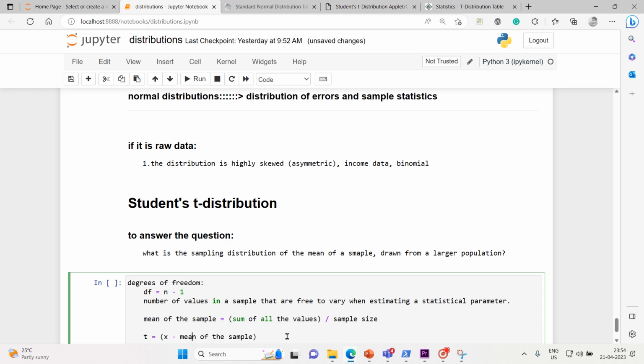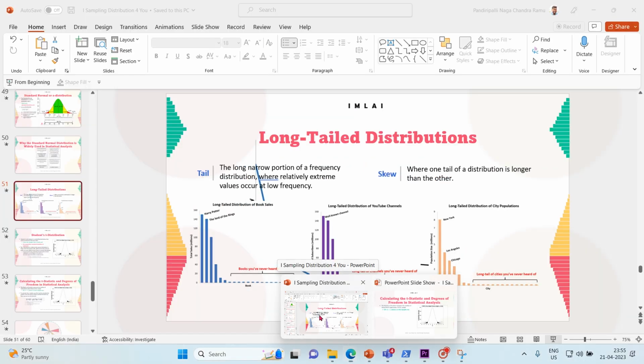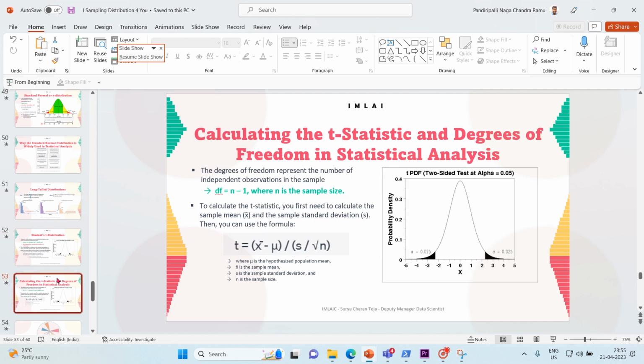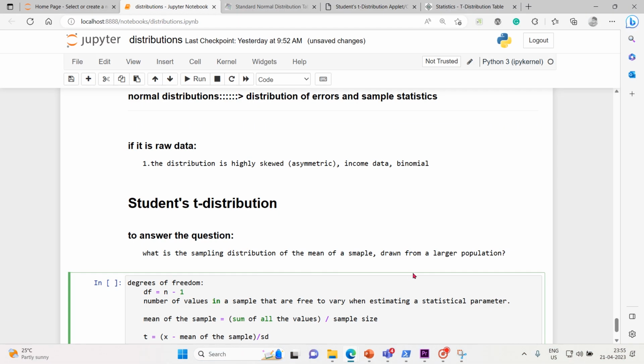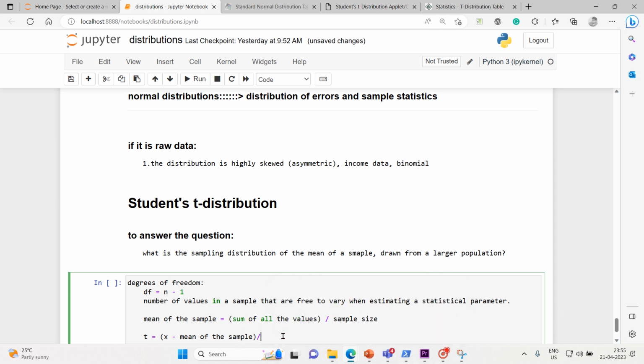Let's take t or z, divided by the standard error, SE.